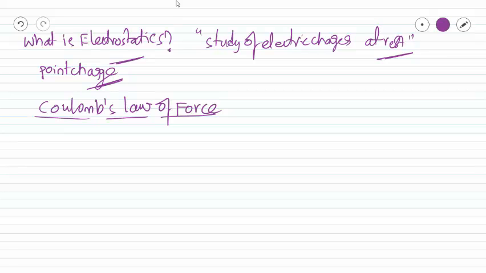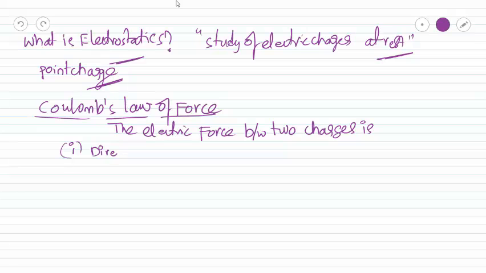Before writing the actual expression for Coulomb's law of force between 2 charges, let us write down the normal definition. According to Coulomb's law, the electric force between 2 charges is directly proportional to the product of the 2 charges. This is the first thing.